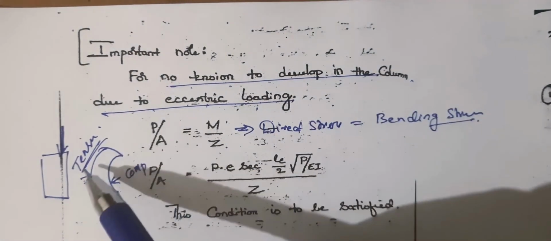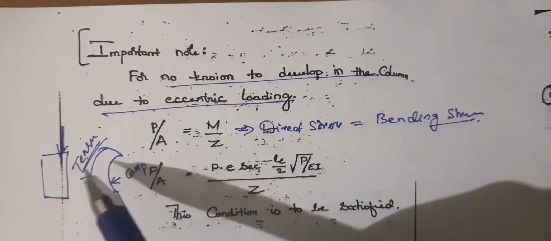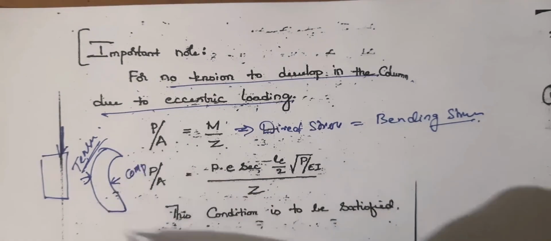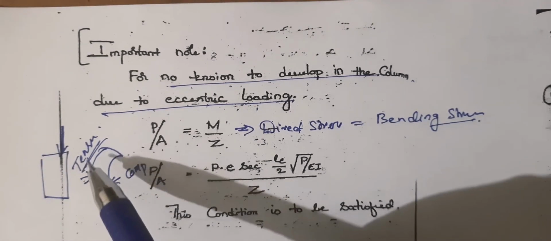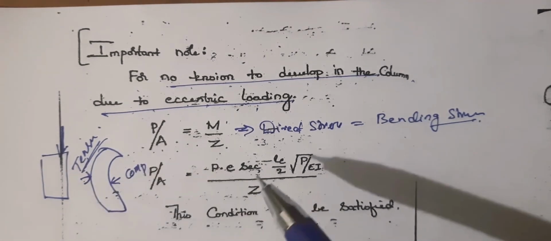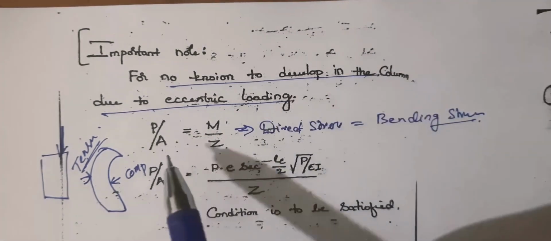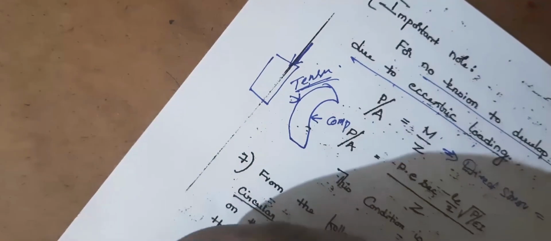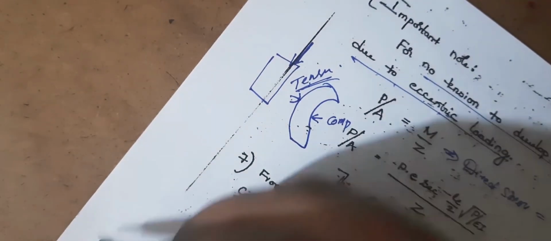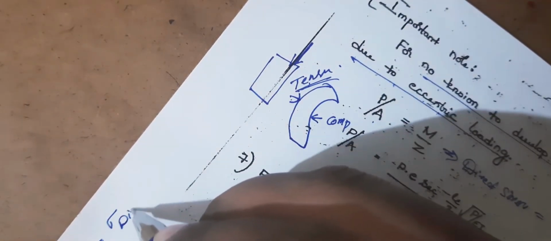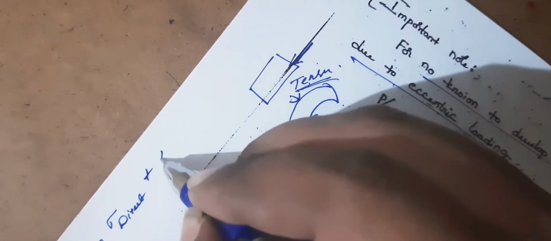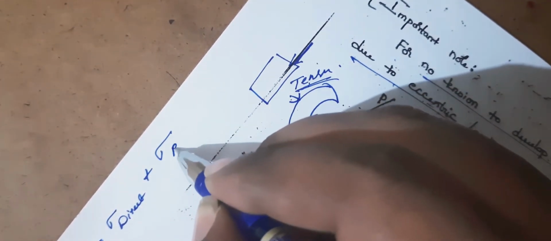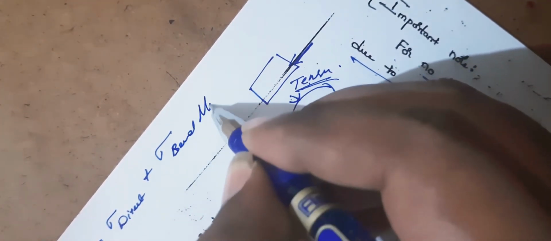If tension should not develop in this column, we know this equation: sigma max equals sigma direct plus sigma bending moment.